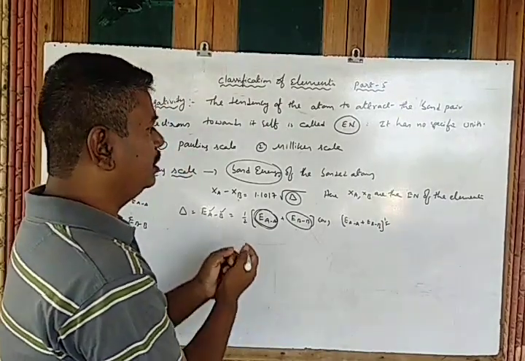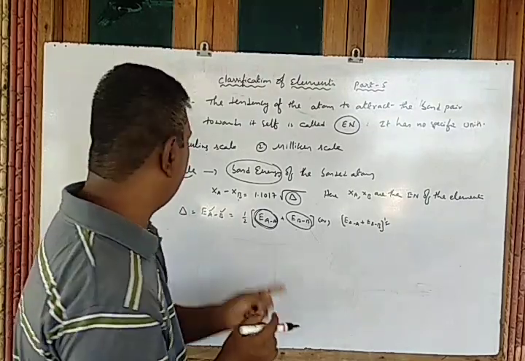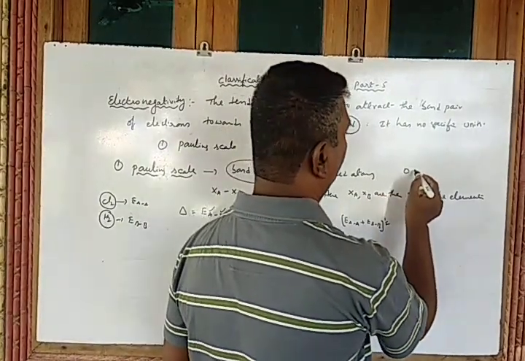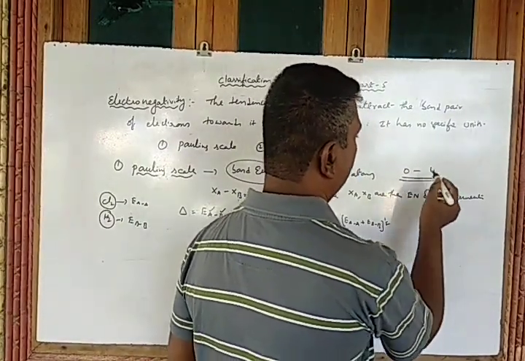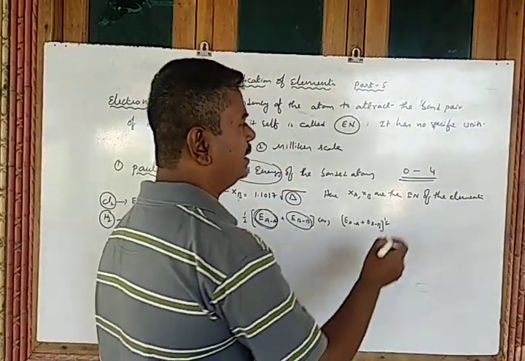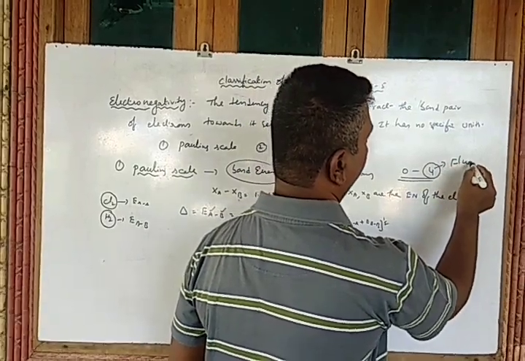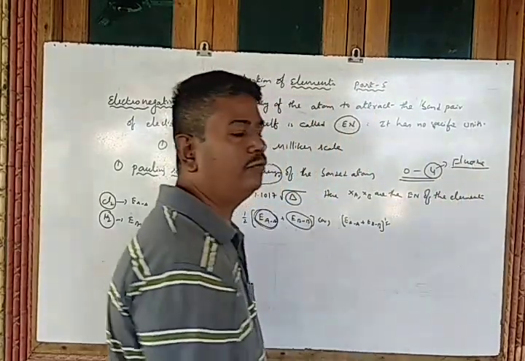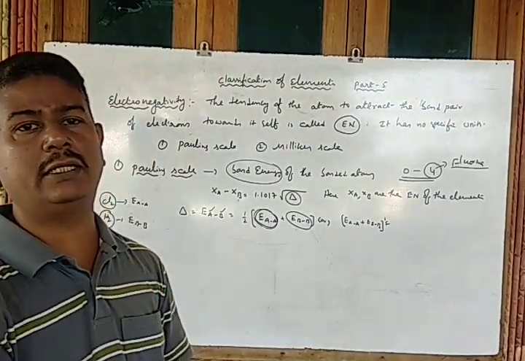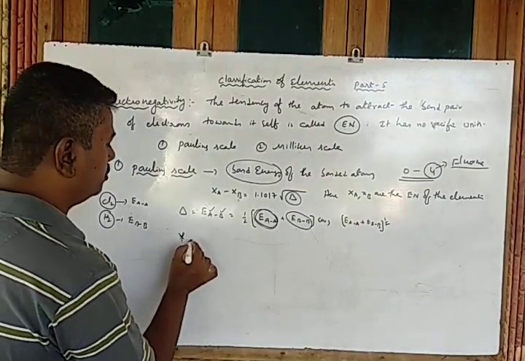So finally what we concluded here is that electronegativity on the Pauling scale is given from 0 to 4. It has no units, but the values are measured from 0 to 4. Here the highest value, 4, is for the element fluorine. According to the Pauling scale, fluorine exhibits the most electronegativity. Which element possesses more electronegativity?